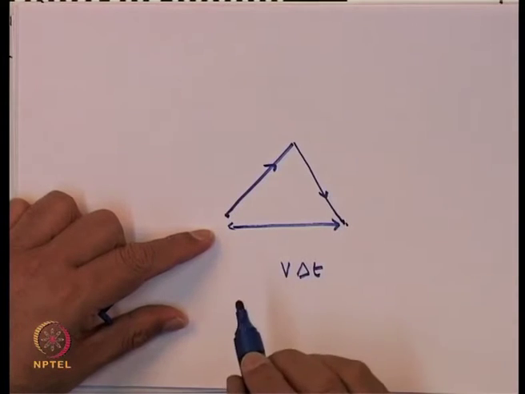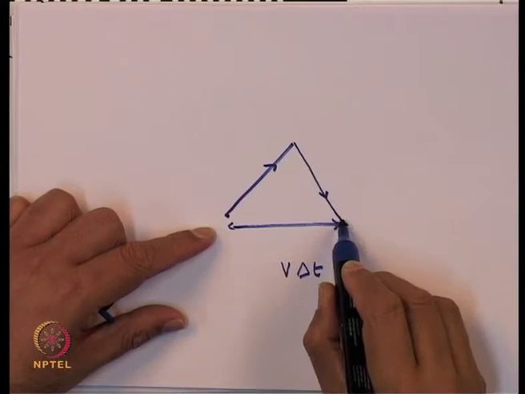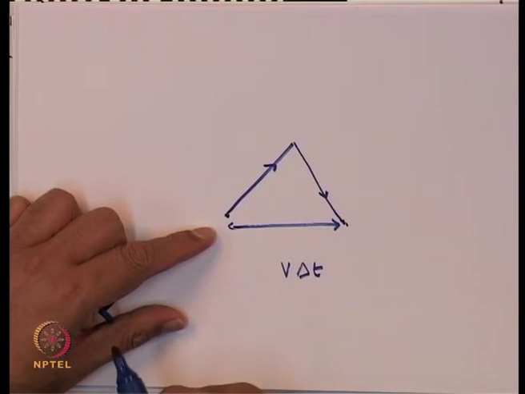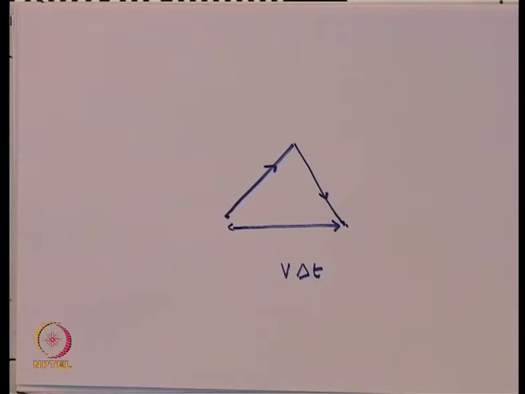So, according to the observer in S frame, this point also moves by a distance of v delta t, and the shift in the x coordinate of the two events is also equal to v delta t. That is what the observer in S frame would see. I have put this in this picture.